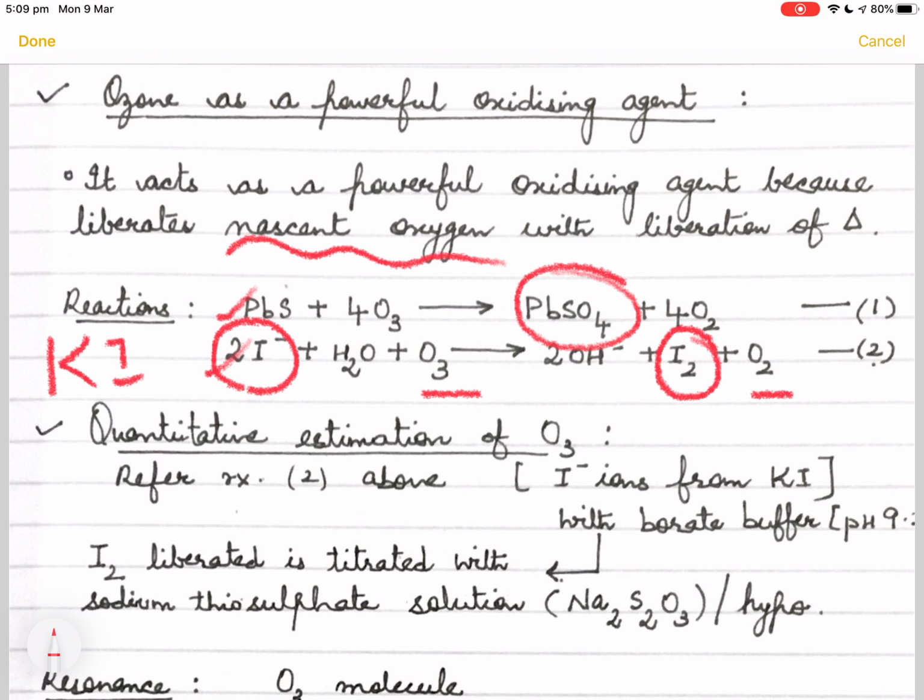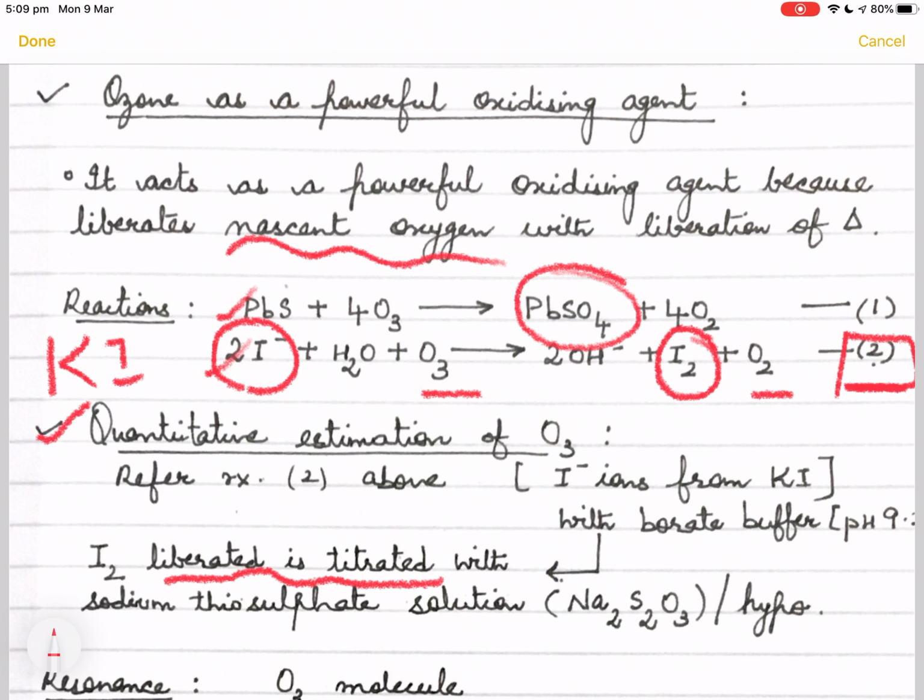Based on the second reaction, you have another important question: how to estimate ozone quantitatively. That means if I want to know the amount of ozone gas used up in this particular reaction, this can be found by the process of titration. We are all aware what titration is.